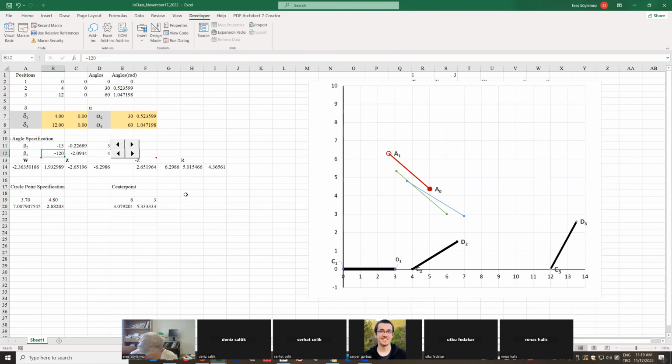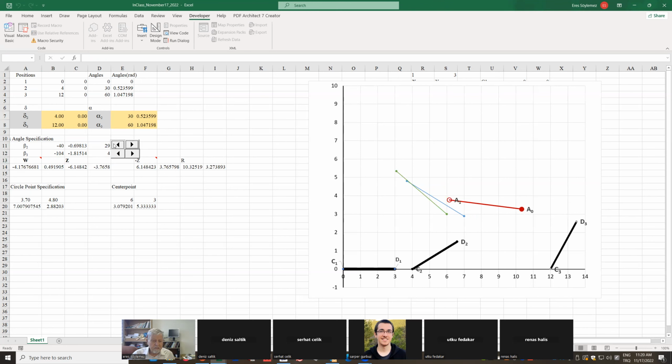That is 120 is equal to minus 100 minus this value. Of course, you can change the range which you are going to do this search. So this is what I have done. You can change that range. You can increase it or decrease it.